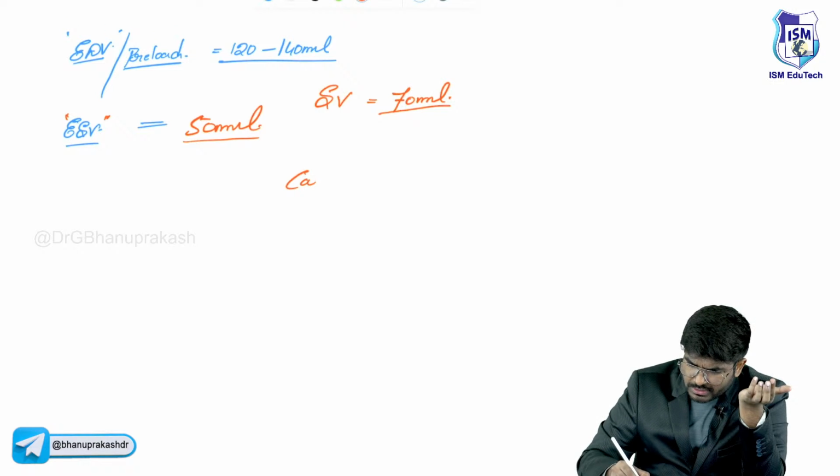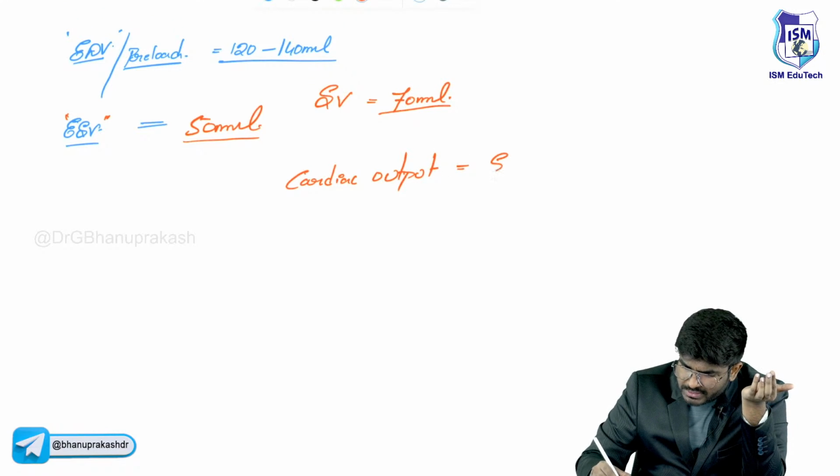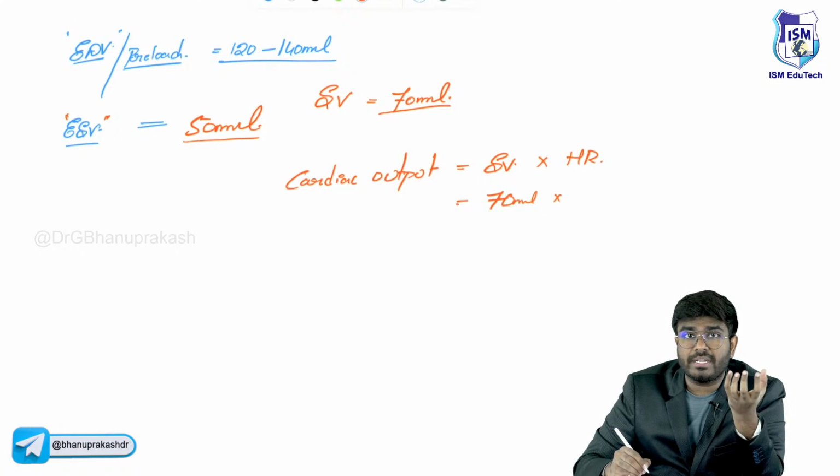Now, you know the formula, based on this, you can come to the formula for the cardiac output. So what is the cardiac output? Cardiac output is stroke volume into heart rate. How much is our stroke volume? 70 ml. How much is our heart rate? How many times will our heart beat?